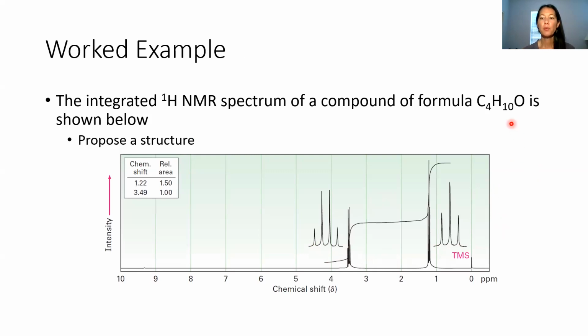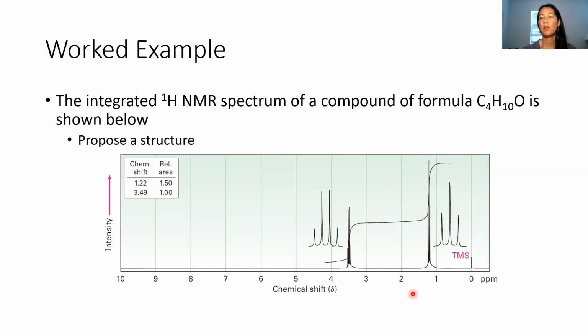The first thing I would do is notice the different types of H's in here. In your formula, you have a number of H's, but you only have 2 peaks. So what does that say to you? There must be some symmetry in the molecule.